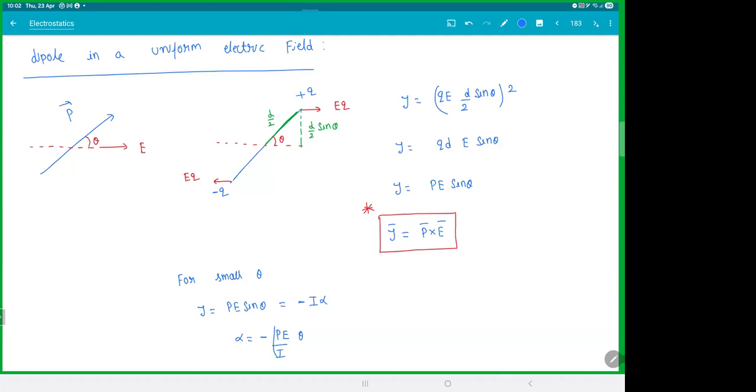You can bring even your SHM, where I is the moment of inertia of the dipole. The time period is 2 pi root over I by PE. They will give you the mass of the dipoles and all, so you can figure it out. There, you can bring your SHM also.